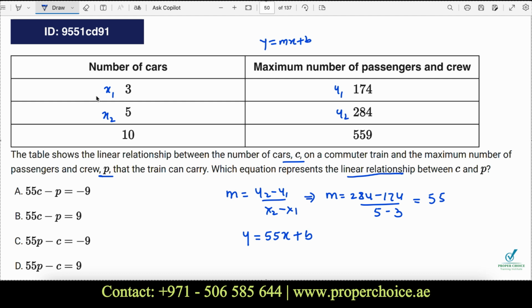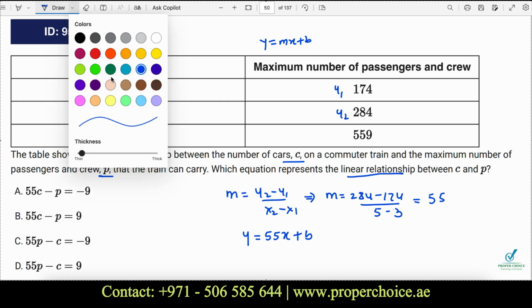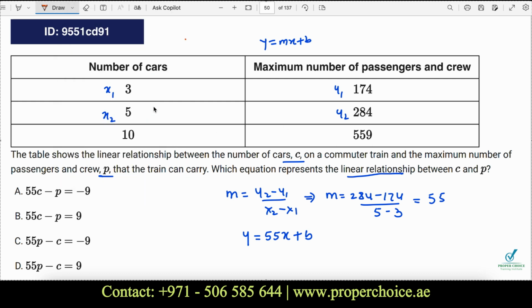Now we can find the initial value by substituting any of these coordinate points. When x is 3, y is supposed to be 174, so I can find the y-intercept. That is 174 equals 55 times 3 plus b.